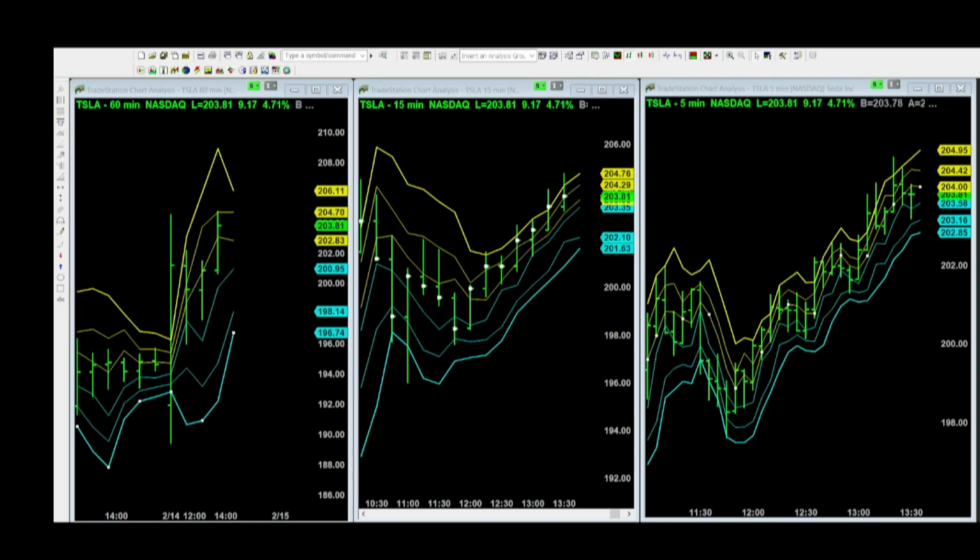It carried over that increasing momentum. So the current 5 minutes still continues to increase, carrying over the increasing momentum from the last 5 minutes, and it tries to reach this yellow trend line for this current 5 minutes chart.